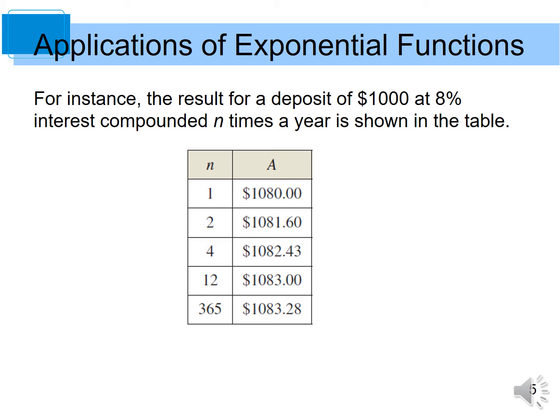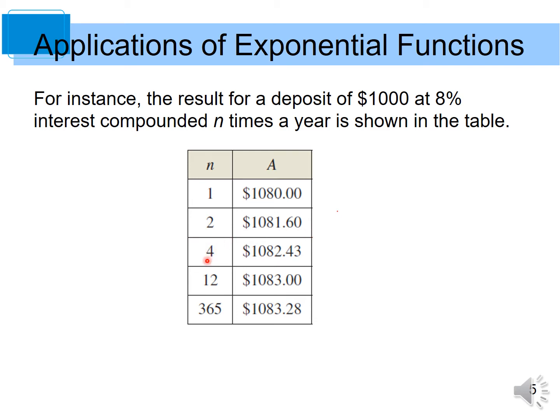If the interest is compounded 1 time a year, the total balance at the end of the year is $1,080. And if the interest is compounded 2 times a year, at the end of a year the total balance will be $1,081.60.